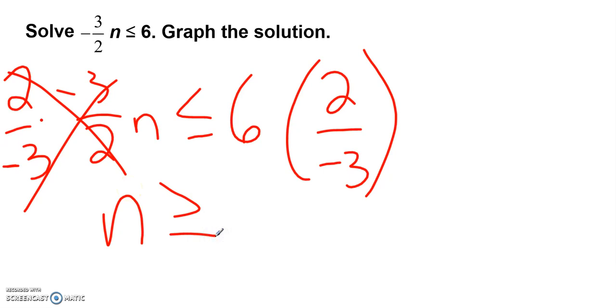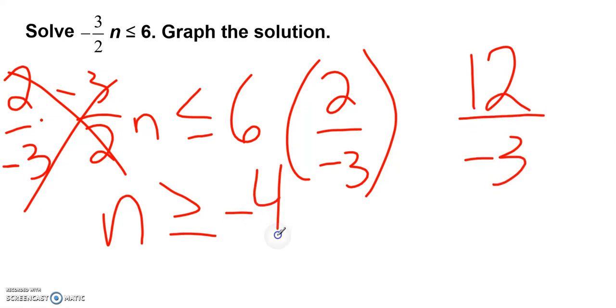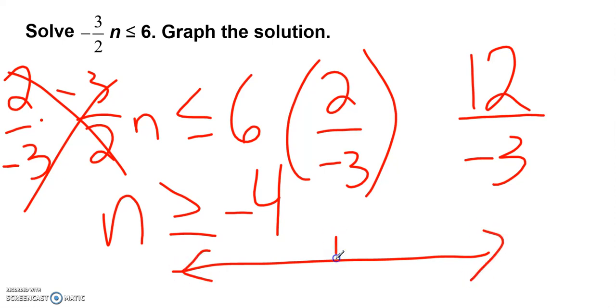And then 6 times 2 is 12 divided by negative 3, so we get negative 4. And then graphing it, we're going to get 0, negative 4. This is going to be filled in, and n is greater.